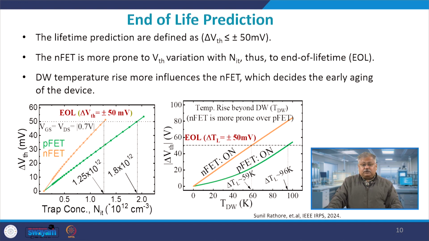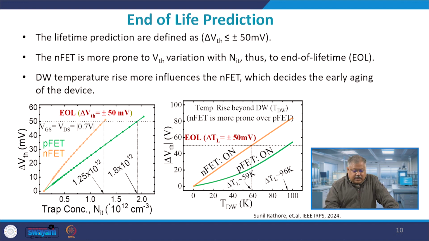So the left hand side was the absolute value of threshold voltage, whereas on the right hand side it is delta VTH, mod of that, which is basically the change in the threshold voltage. Now here again, when NFET is on, obviously the current is relatively larger, and when the PFET is on, the current is relatively much smaller, right. And therefore it has been seen that NFET is more prone to threshold voltage variation, and this thus has a larger influence on the EOL.